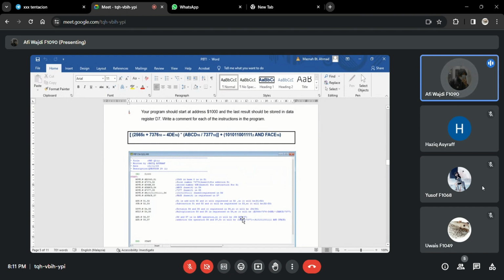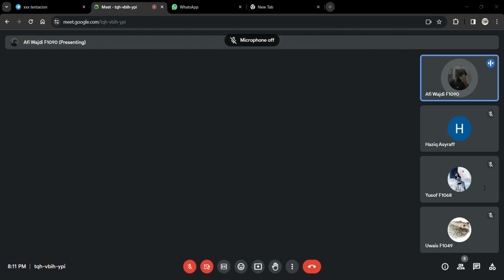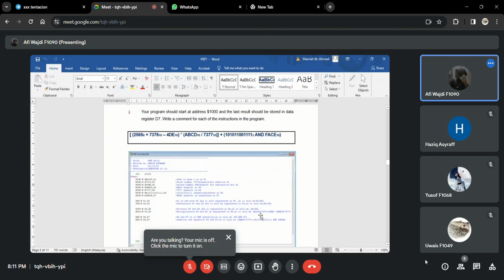so it will be octal 2565 plus 7376 minus hexadecimal 4DE, and multiply hexadecimal ABCD divided by 7377. Next is AND W D6 D7, which is an AND operation on D6 and D7.